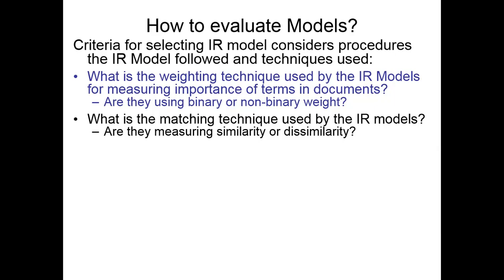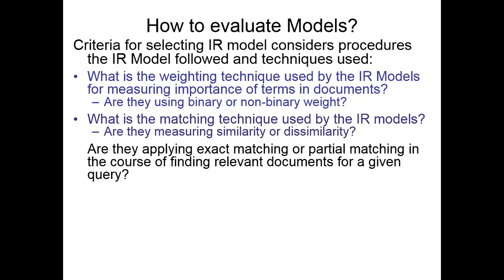So when we are using the matching techniques, we have to identify a matching technique which helps us identify relevant, similar documents with the query. So we have cosine measurement and dot product measurement that can directly measure the similarity of the document with the query and give the highest score for those similar documents.